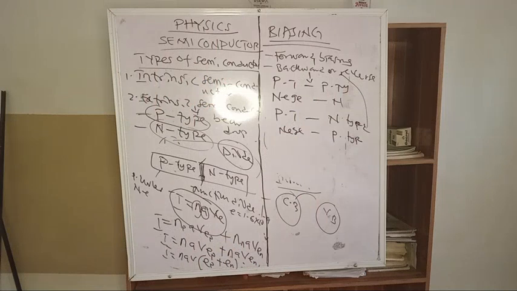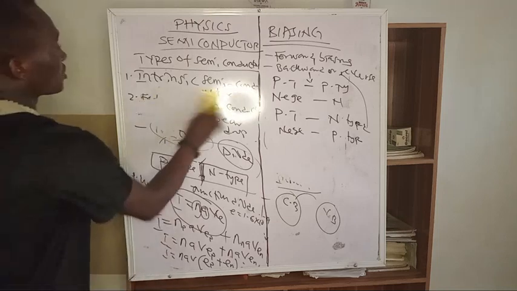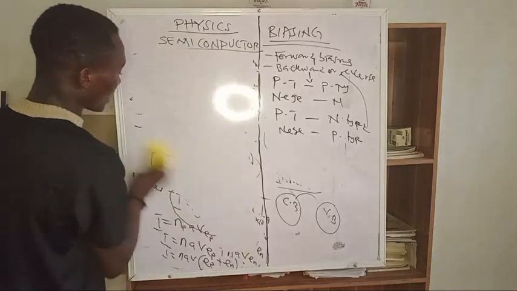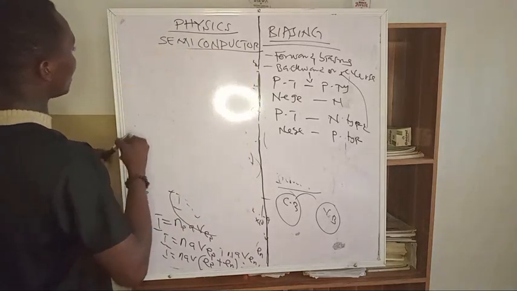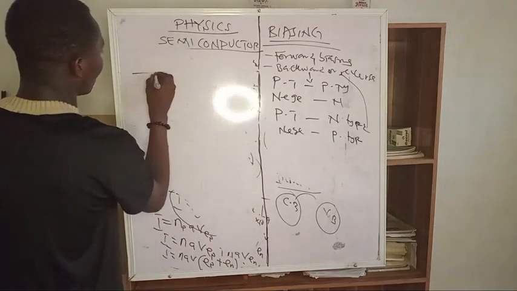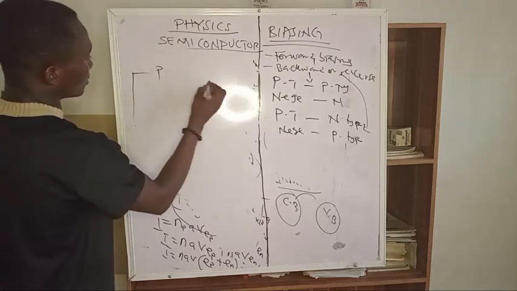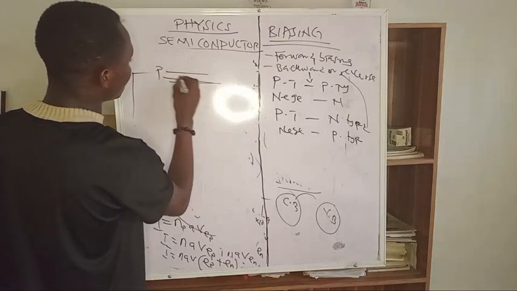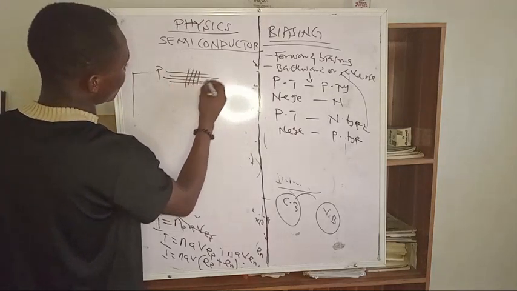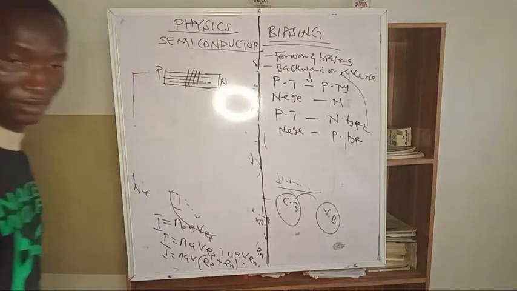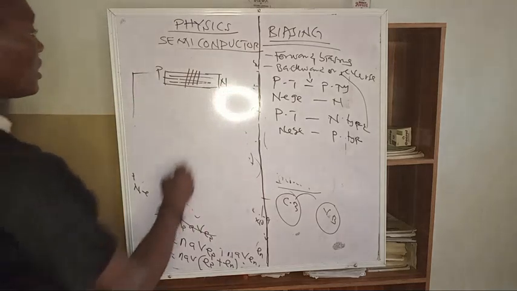Let's look at it diagrammatically. Now in the diagram of both biasing values, let's look at the first one. Let's say your circuit is connected like this. You have your P type, then you have the N type here.